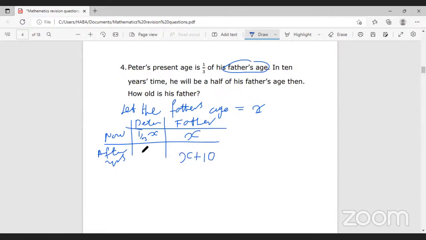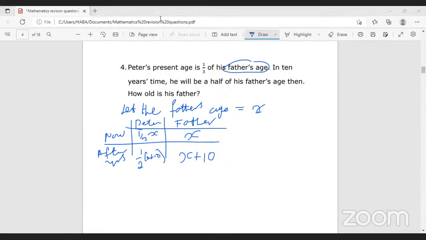And then what will Peter's age be? It will be a half of the father's age, which is X plus 10. So this would be a summary of this information after we have interpreted it.